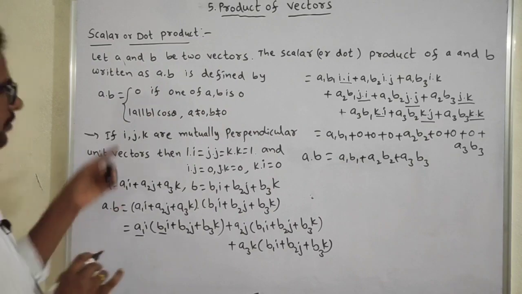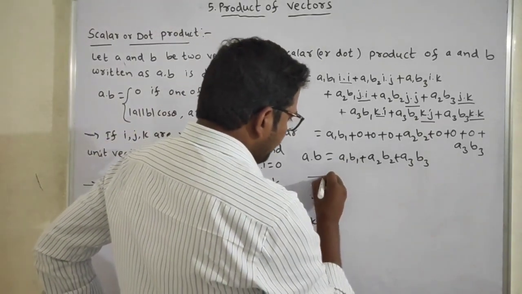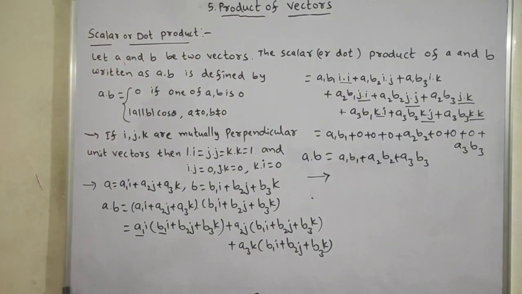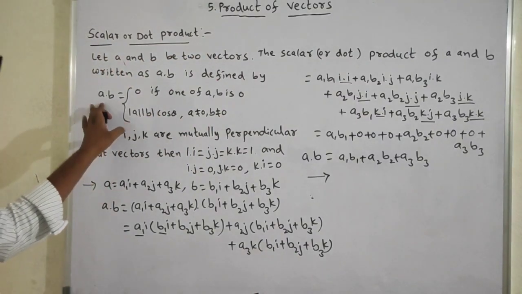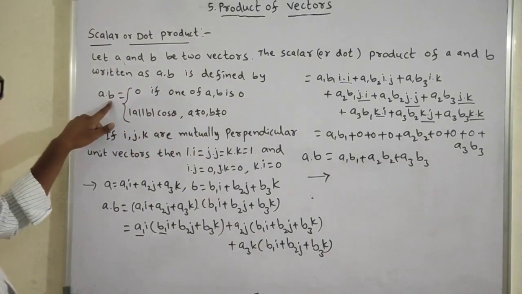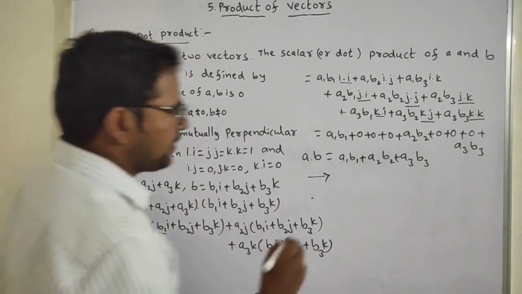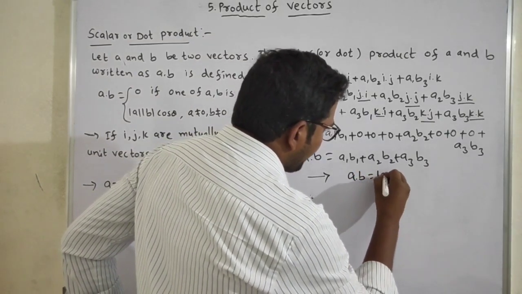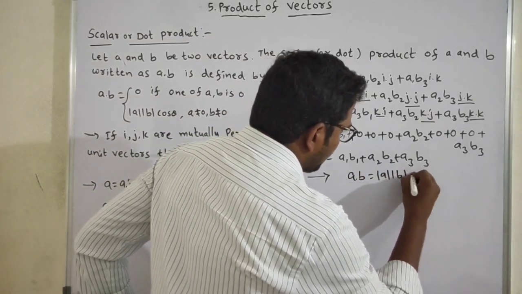Okay na? Now suppose if theta is any angle between two vectors, then cos theta is equals to, we apply this formula ikkada define kada already, a dot b is equals to mod a mod b cos theta. What is the definition? A dot b is equals to mod a mod b cos theta.